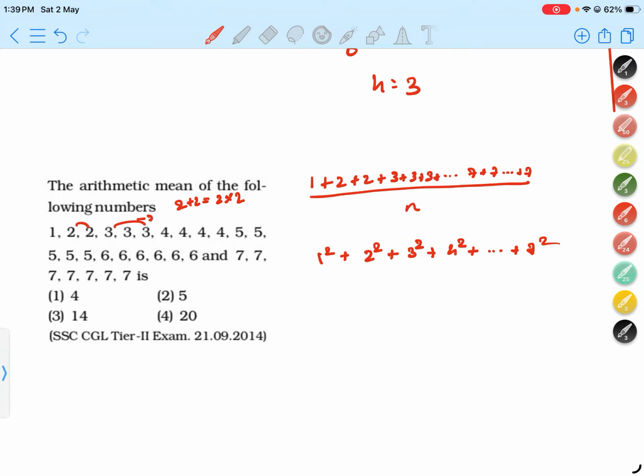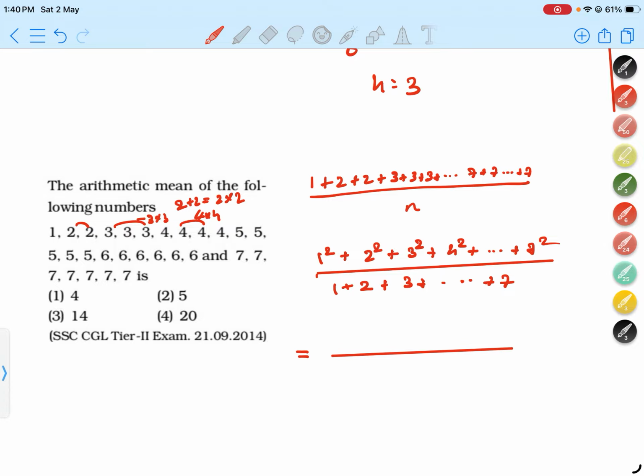Similarly, this can be written as 3 times 3, this 4 times 4, and each of these creates the square of the respective number. The number of observations here is that 1 is written once, 2 is written twice, and so on up till 7 is written 7 times. So this can be written as the sum of squares up till 7.